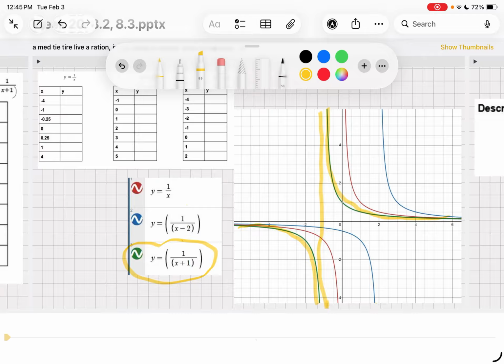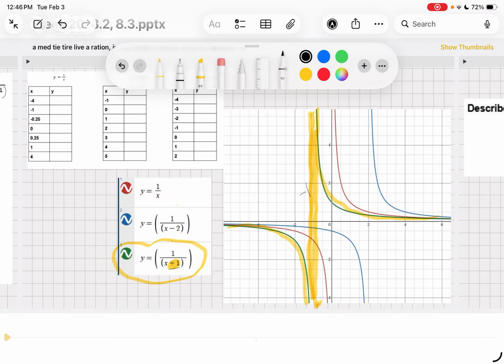If you look at that connection, my new vertical asymptote is right here at -1, which is adding 1 in my equation, but the new asymptote is at -1. So adding or subtracting is going to move that function left and right.